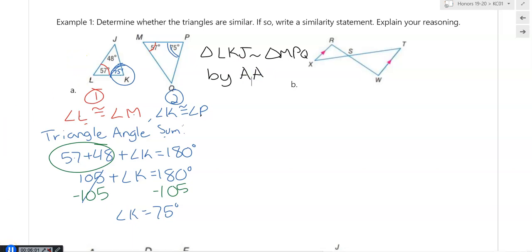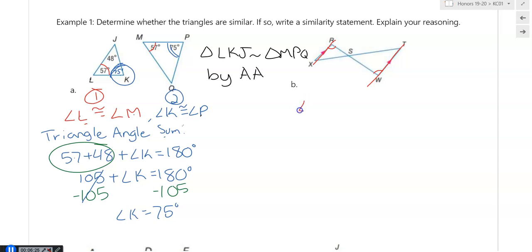Alright, for letter B, we actually have all sorts of things here. I can actually prove that all three of these angles are congruent, but I don't have to. I only have to choose two. Well, the first thing I see is I have these parallel lines. Again, those parallel lines have the opposite angles when they're on the inside, when it looks like this.